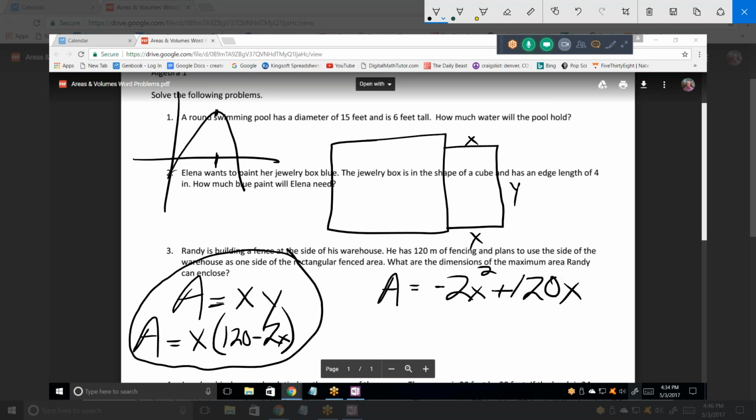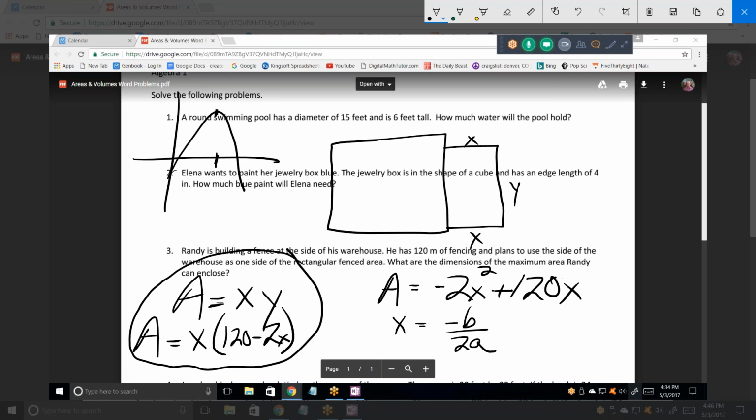Well, how do I find this spot? How do I find the vertex of a quadratic? The x-coordinate of that vertex is minus b over 2a. That's a good one to remember.